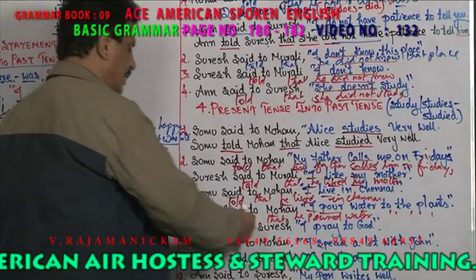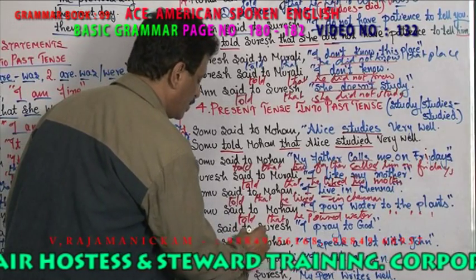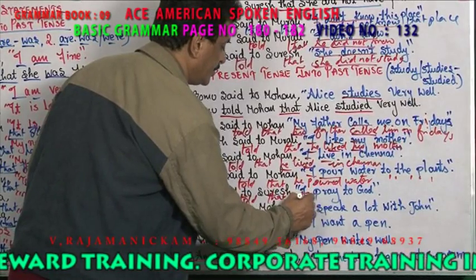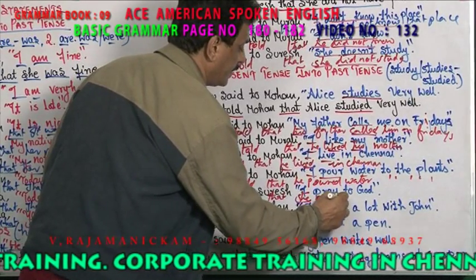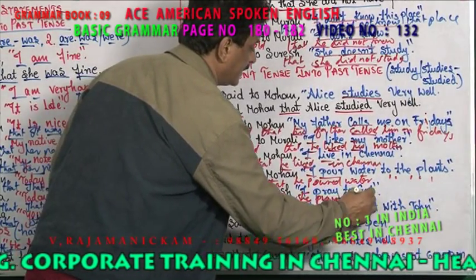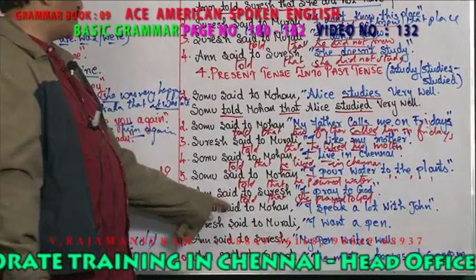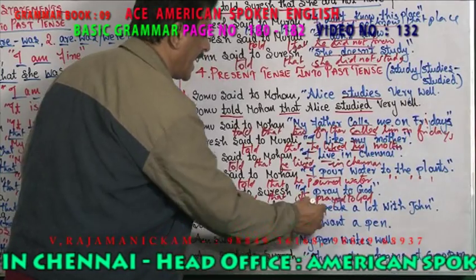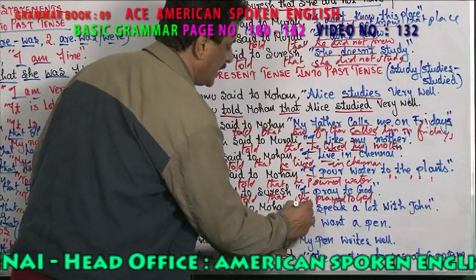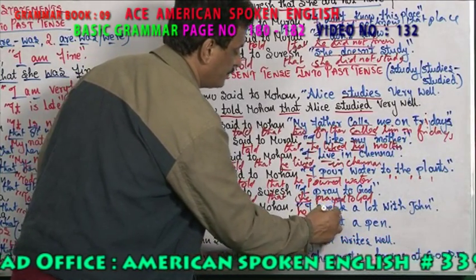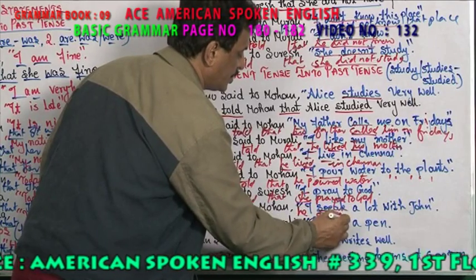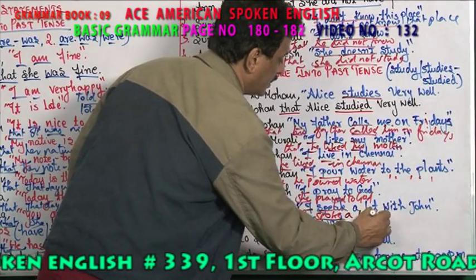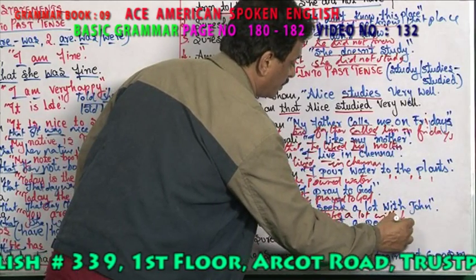So, Anu told Suresh that she prayed to God, right, sir? Now, Somu said to Mohan, "I speak a lot with John." So, Somu told Mohan that he spoke a lot with John. I speak changes into he spoke, right?